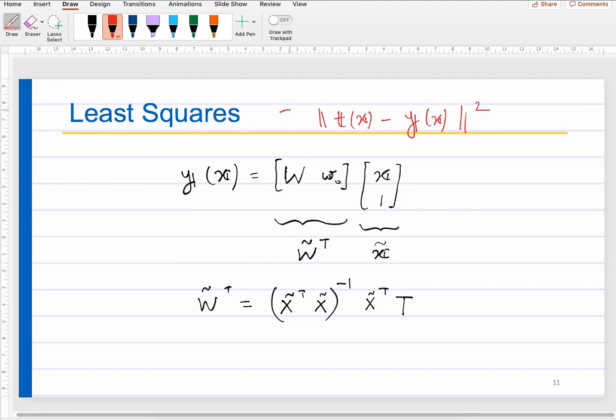This is your error. And of course, you sum over all the samples. This is your least squares loss.